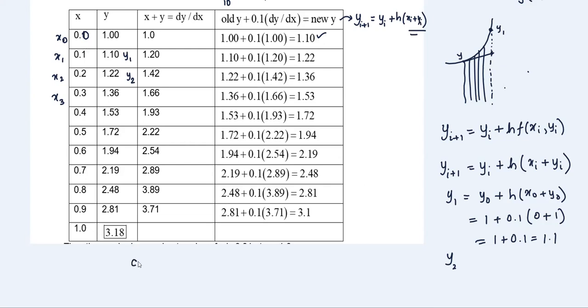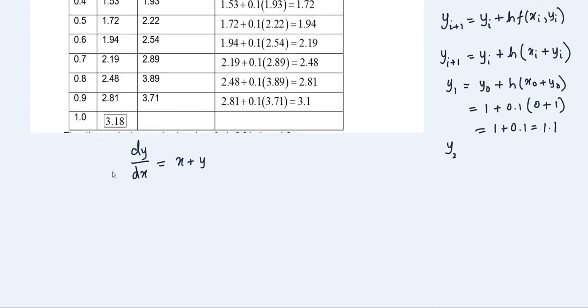Now, what is the exact solution? We remember dy by dx equal to x plus y is a linear differential equation. How do we write? dy by dx minus y is equal to x. This is of the form dy by dx plus p of x times y is equal to q of x.